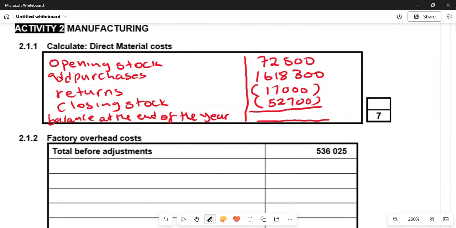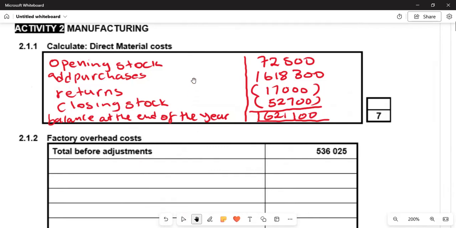It will give us 1,621,100. So this is our direct material cost. This is how simple we can calculate it.